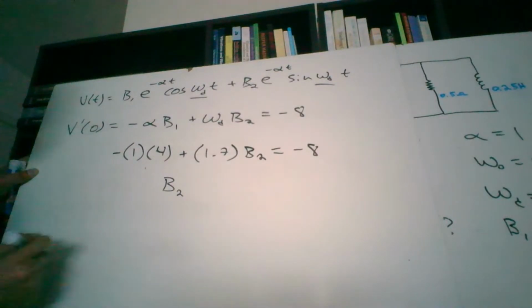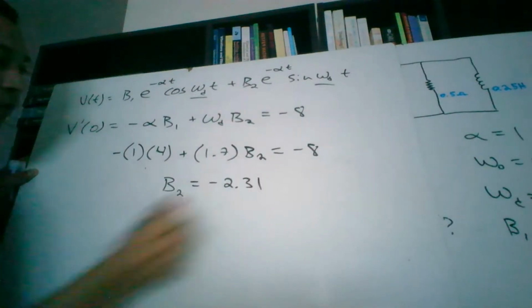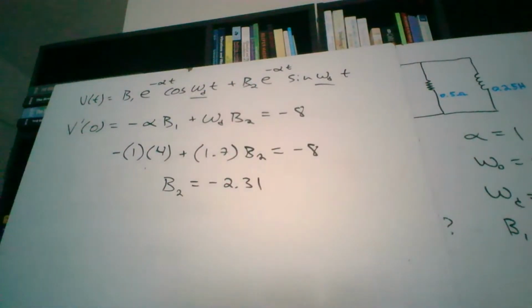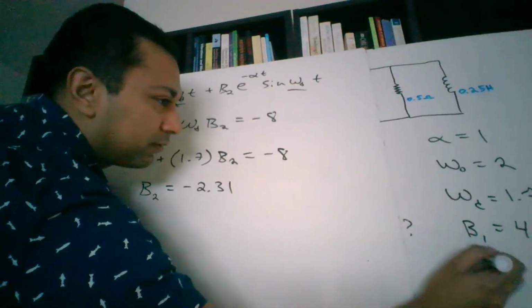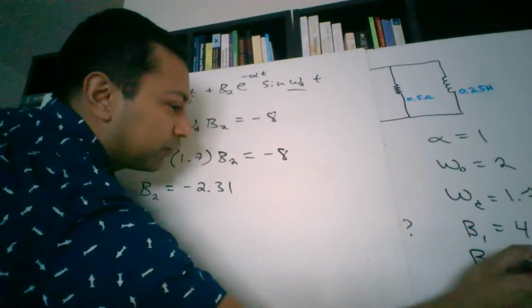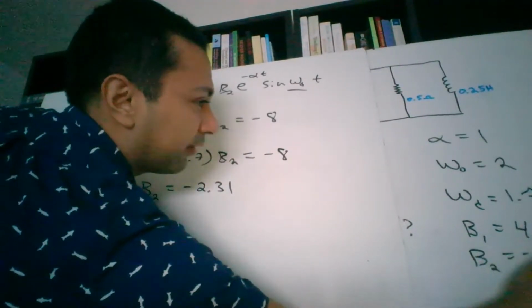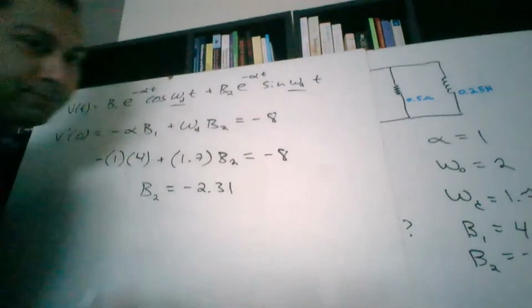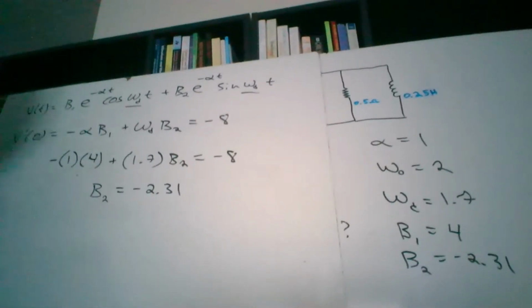B2 is going to equal negative 2.31. And we'll put that over here. B2 is equal to negative 2.31. Okay? And now we're finished.